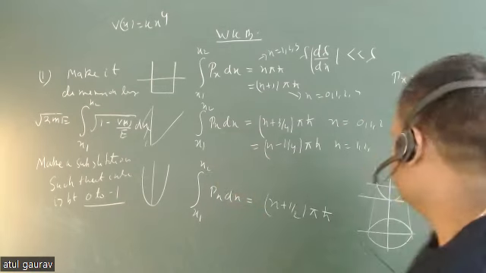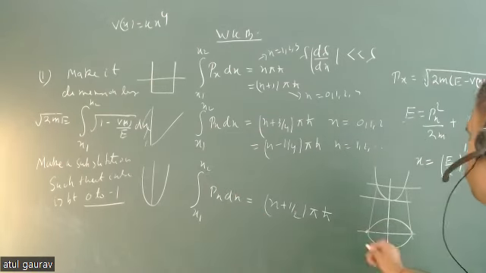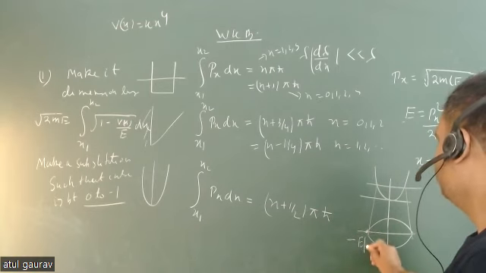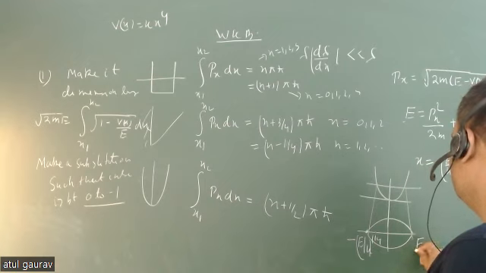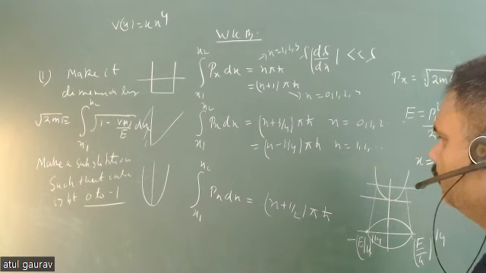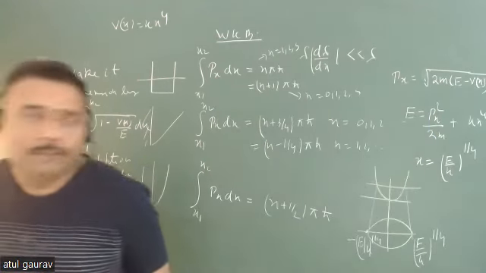X1 to X2. So what is your value of X1? Minus E upon K to the power 1 by 4. What is the value of X2? E upon K to the power 1 by 4. And your integration will be, you will use the second one. And what is your integration?